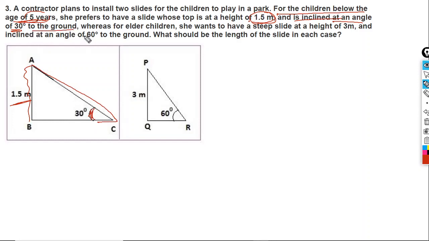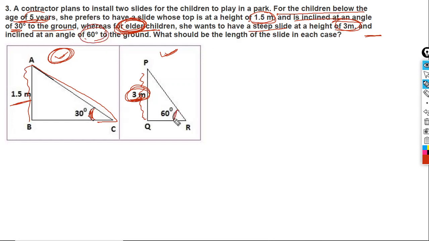Okay, to the ground. Whereas for elder children, so this was for the children who were aged below 5 years. Now this would be for the elder children. She wants to have a steep slide at a height of 3 meter. So this slide, which is made for the elder children, the height will be 3 meter, and it is inclined at an angle of 60 degree.